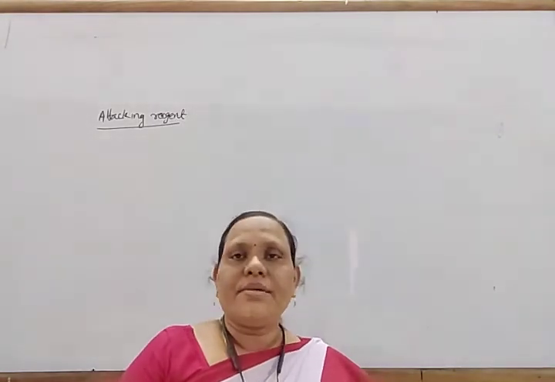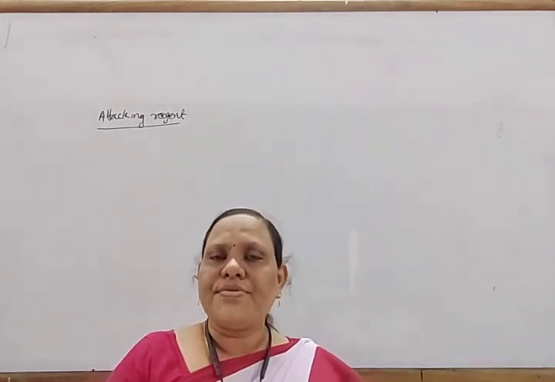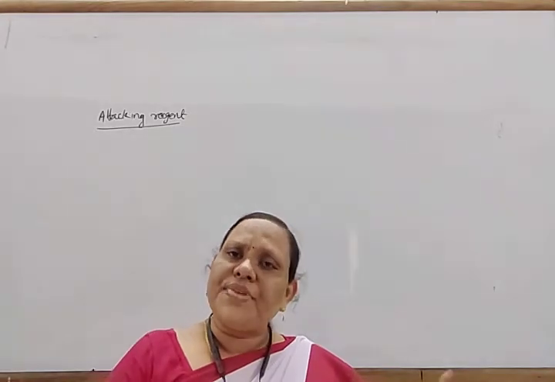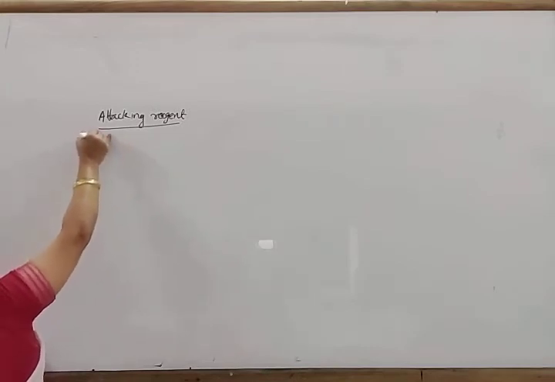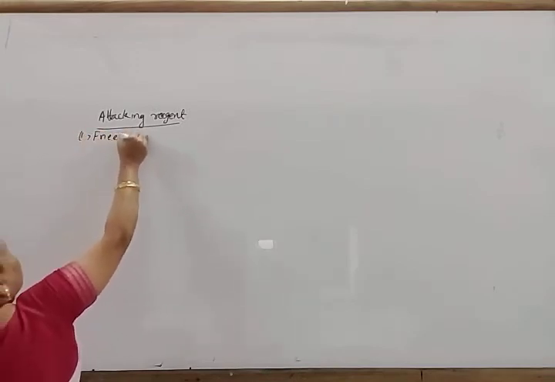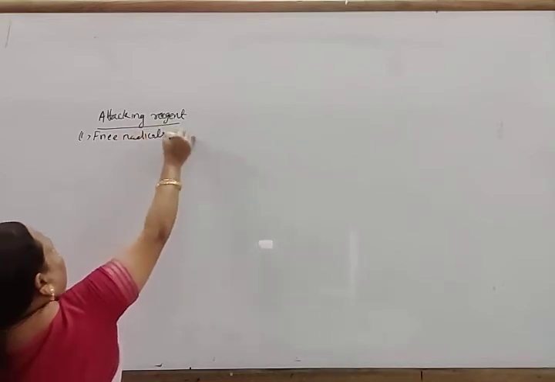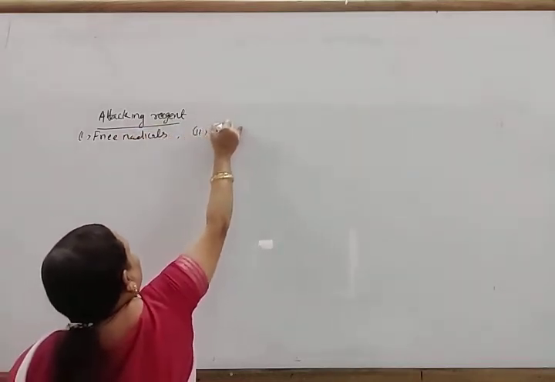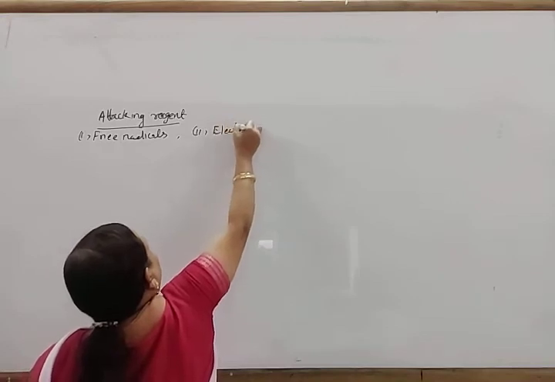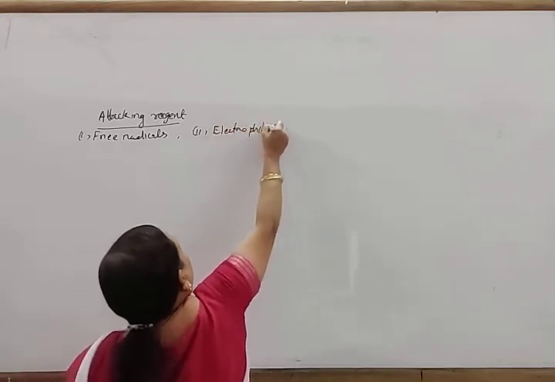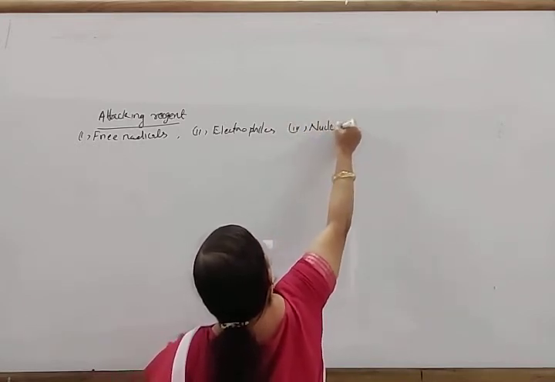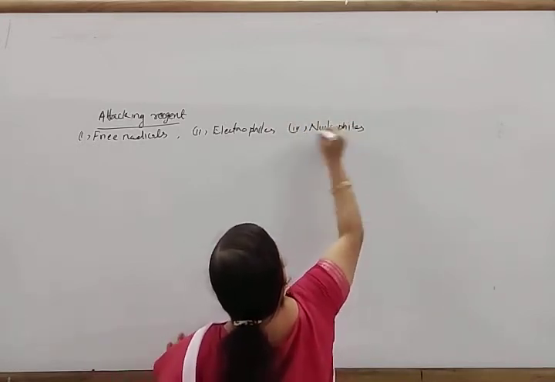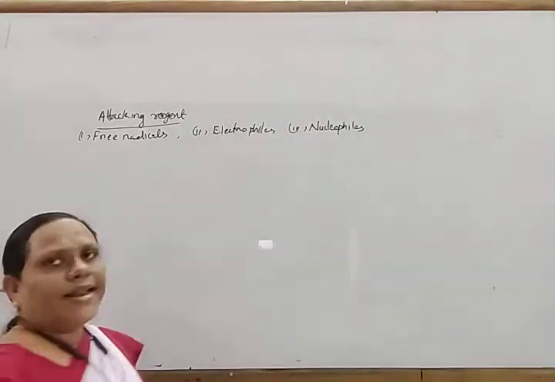Like there are different types of reaction intermediates, there are different types of attacking reagents: free radicals, electrophiles, and nucleophiles. So there are 3 types of attacking reagents. One is free radicals, another electrophiles, and another nucleophiles.